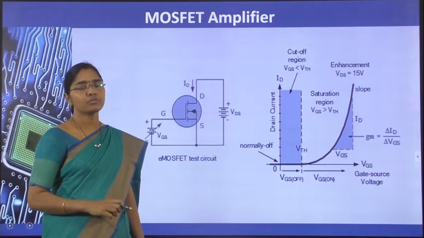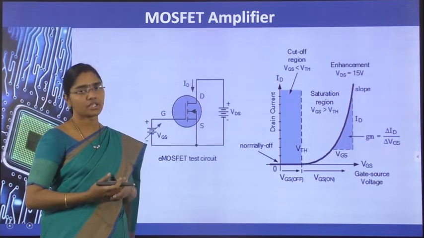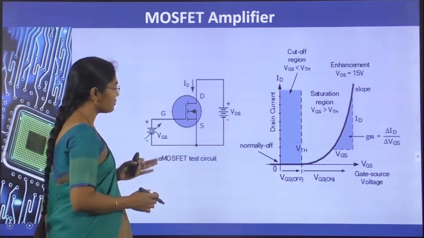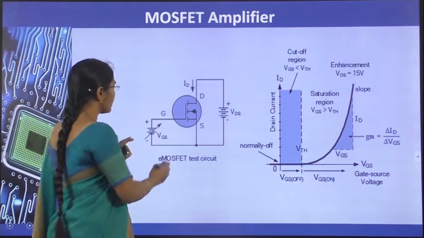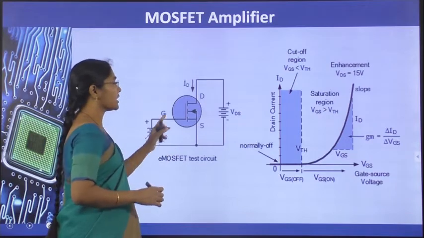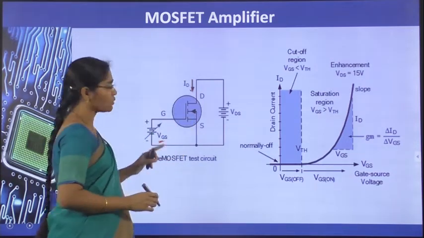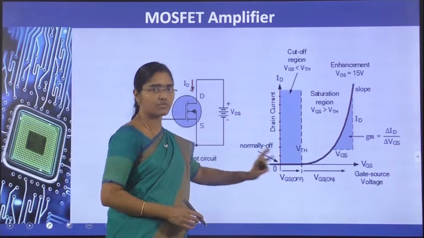Another application of the MOSFET is as an amplifier in analog applications. So this MOSFET acts as an amplifier based on its gate potential and current relation. By applying a small voltage at the gate terminal, the drain current ID will flow. That VGS and ID relation is explained through this figure.